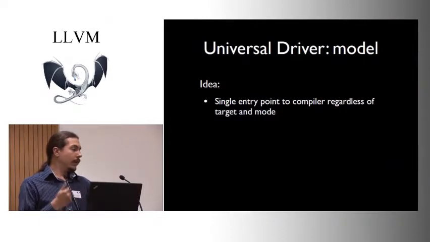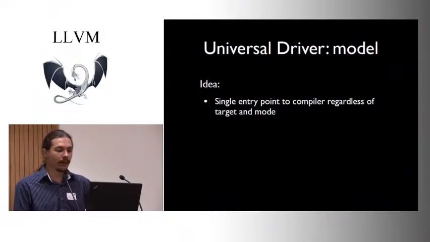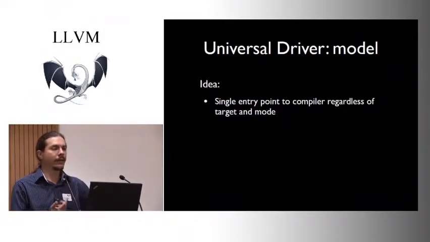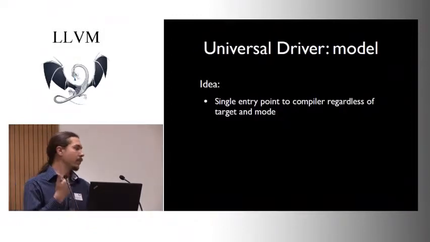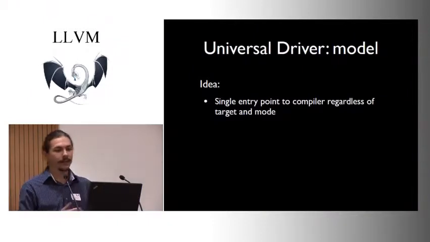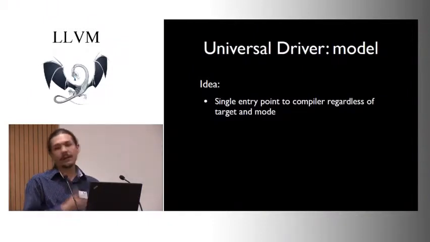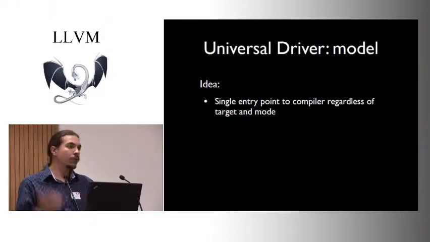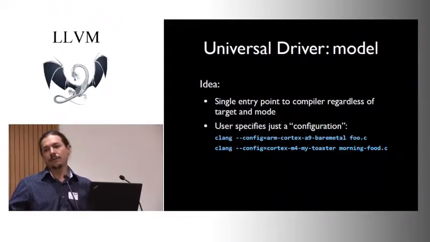The basic idea is rather simple: there should be only a single entry point to the compiler in the whole system, regardless of the target and regardless of the mode you're going to use. Forget about target triple, forget about other modes, forget about CPU settings.